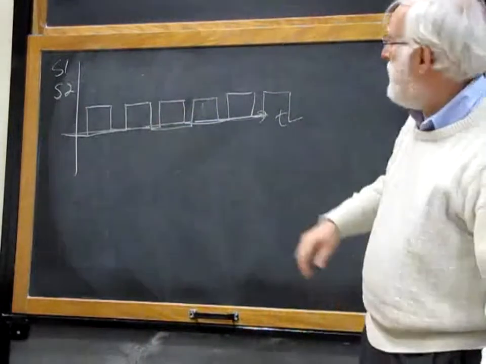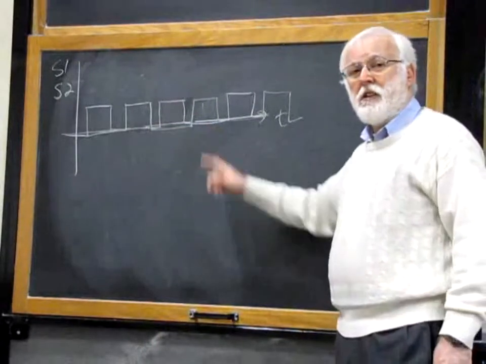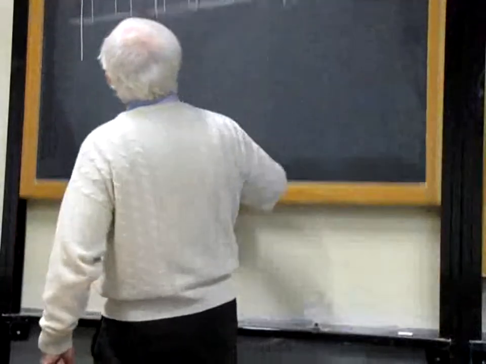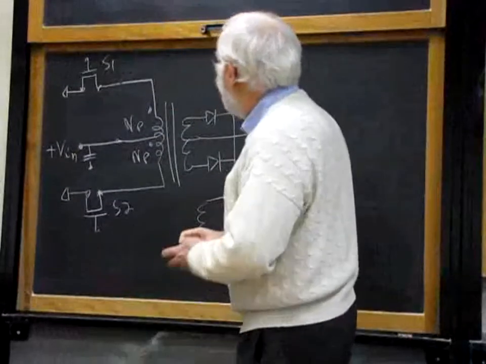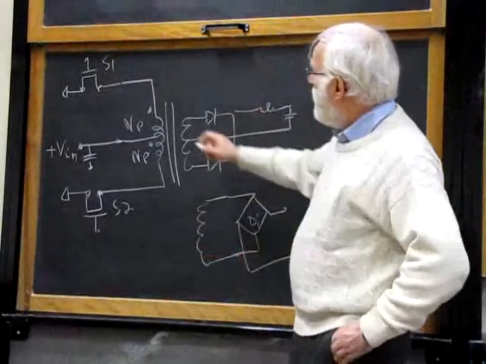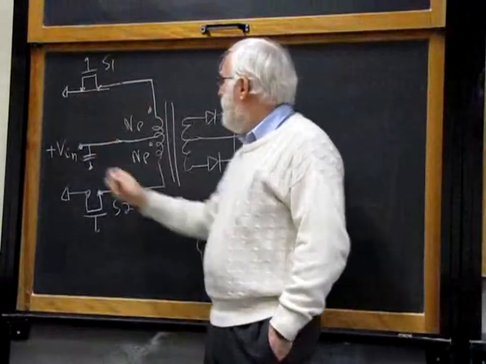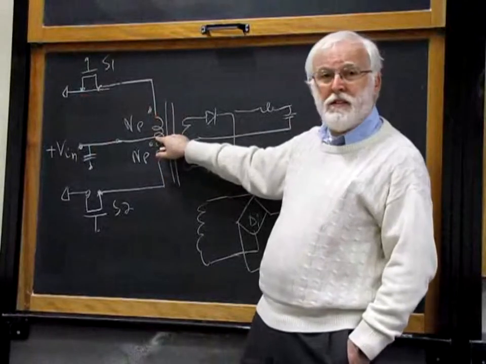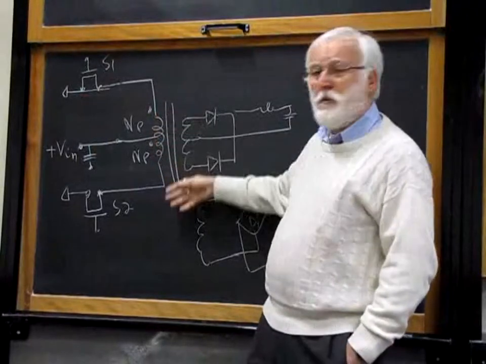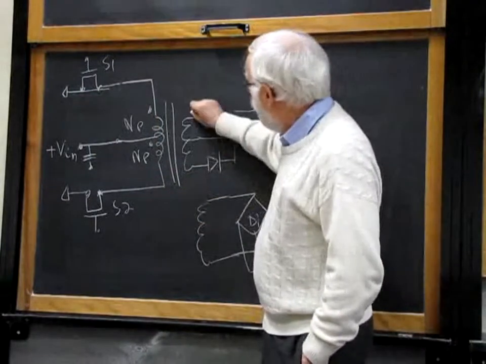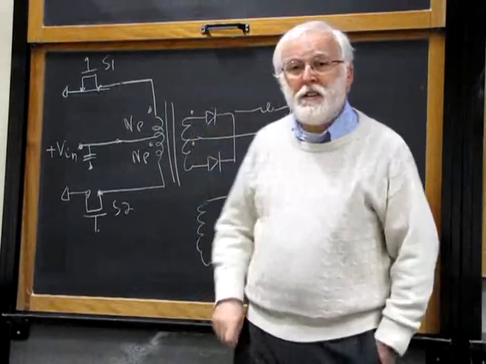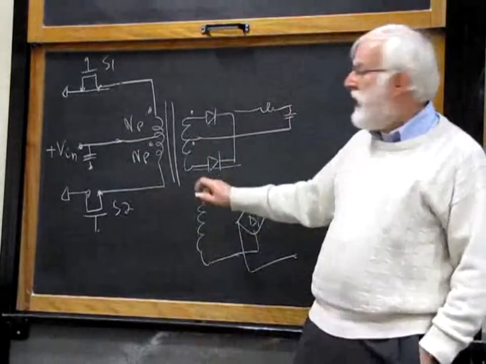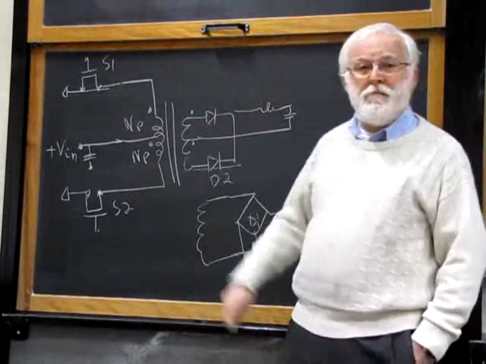And what happens to the primary winding if we apply this kind of driving signals? Well, when we close the switch S1, we apply positive on the non-dot, and so we will have a polarity in the transformer, with the positive on the non-dot. And when we close this switch, there will be this diode D2 working.